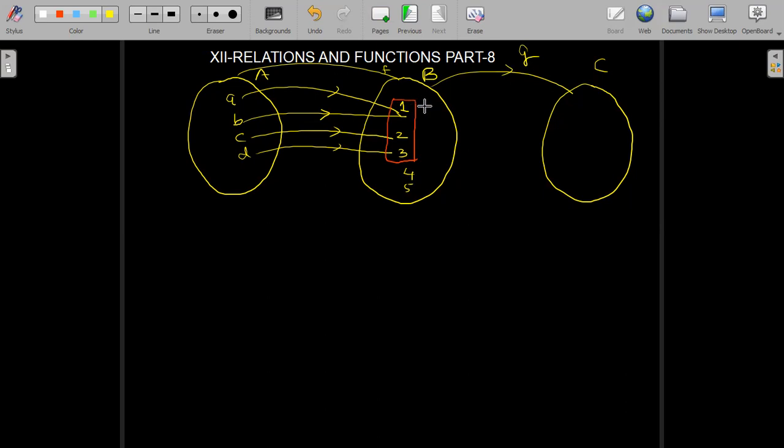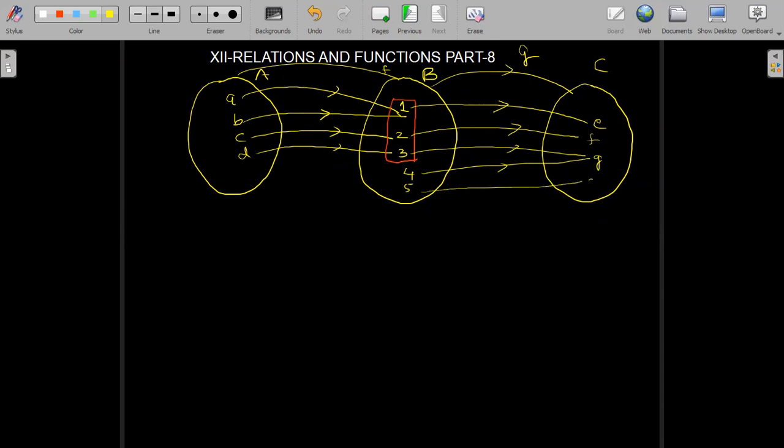Now, suppose this is the mapping from 1 to element e, and image of 2 is f, image of 3 is g, can have the same image also, and image of 5 is h. So this should be the condition.